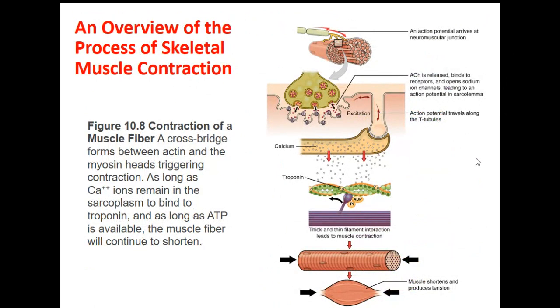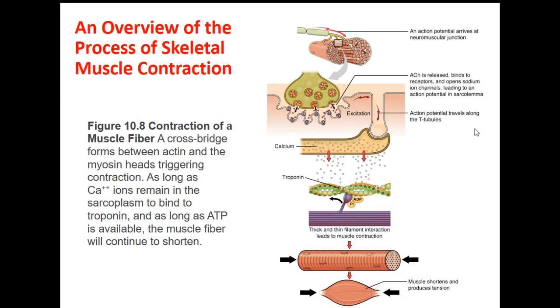So here is yet another set of diagrams showing the same thing in a little different way. So neuromuscular junction, the impulse going down the transverse tubule, causing calcium to be released from the sarcoplasmic reticulum.